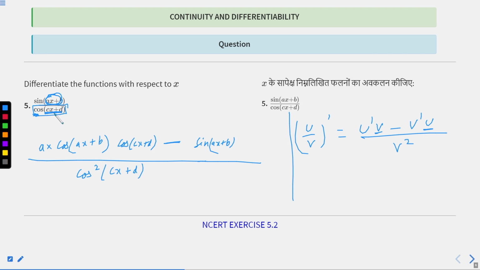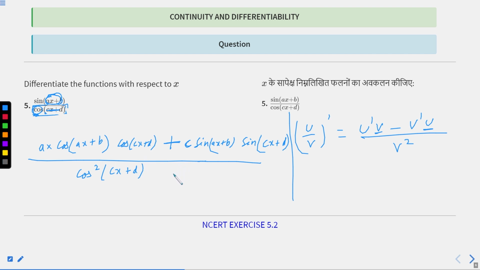First differentiate the inside thing, which is just c. Now differentiate the outside thing, which is minus cos. The derivative of minus cos is sine. Now this will be the same inside thing, cx plus d. Clear? Very simple things we are using. So this will be your final answer.